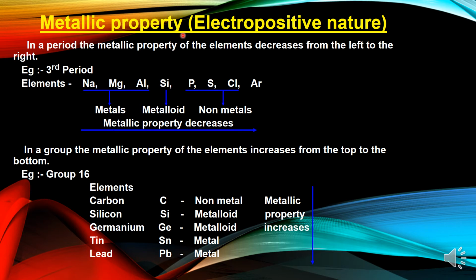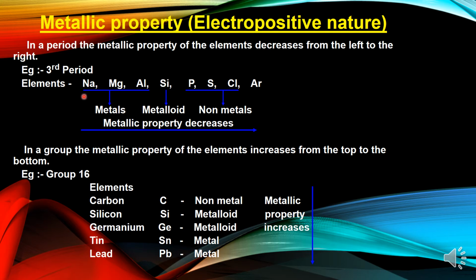Metallic property means how quickly any metal gives out its electron, how quickly it turns into a cation. In the third period, there are the elements sodium, magnesium, aluminium, silicon, phosphorus, sulfur, chlorine and argon. We will not talk about argon, we all know it is a noble gas.